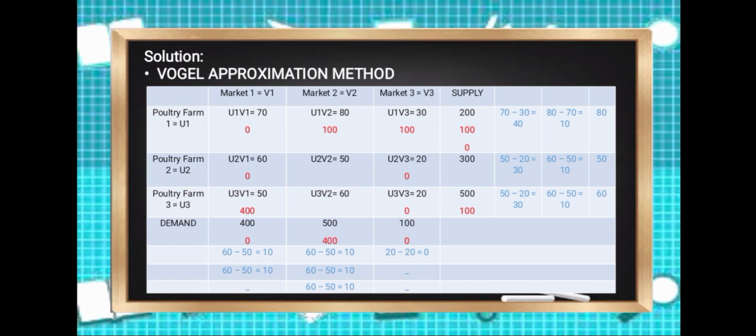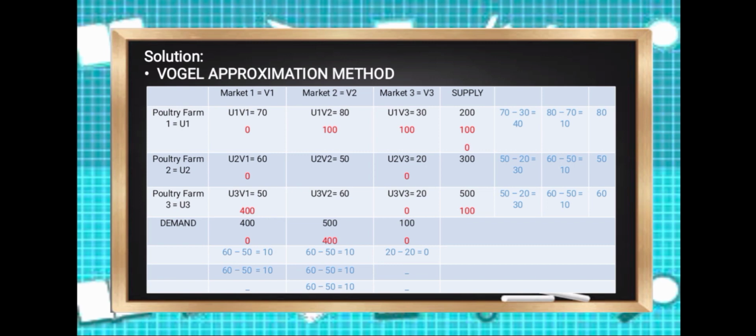In row 1, the penalty is 80, since 70 and 30 are not included, since the only choice is 80. In row 2, it is 50. In row 3, it is 60. So among the row and column penalties, the highest value is 80.